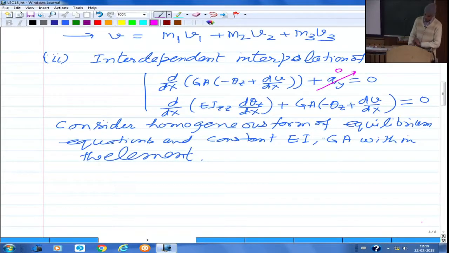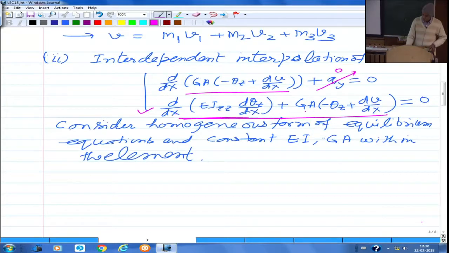Now if you look at the structure of these equations, once I put the force equal to 0, look at this second equation here: the first term involves only theta z, and the second term involves your shear force. If I differentiate the second equation once again, I will have a second derivative here and a first derivative there, and once we consider the homogeneous form, the first equation tells us that the first derivative of this term is equal to 0.